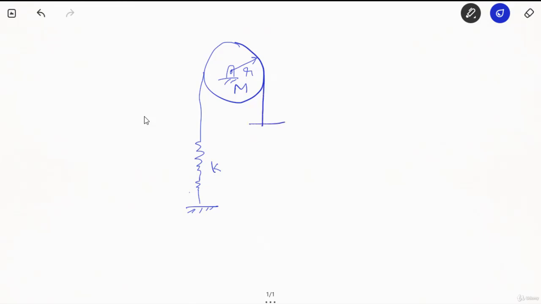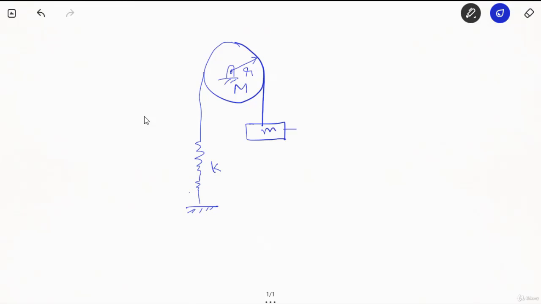Okay. Now, see, this is some kind of pulley arrangement which has been fixed at center. One side, with the help of a rope, one spring is attached, which has a stiffness of K. This pulley has mass M and its radius is r, and this particular thing is of mass small m.